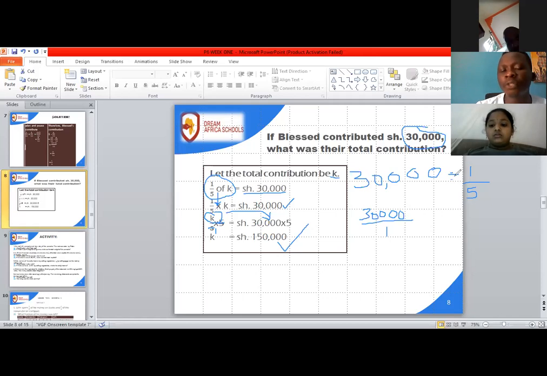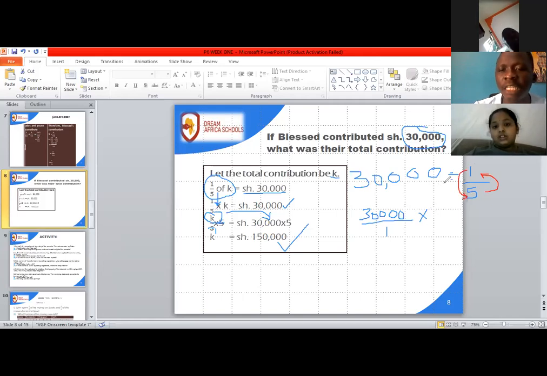The division symbol you're seeing here will change to multiplication. And we get the reciprocal of the fraction that comes after. Reciprocal simply means that this denominator will go up, and the numerator will come down. That's what they call reciprocal.